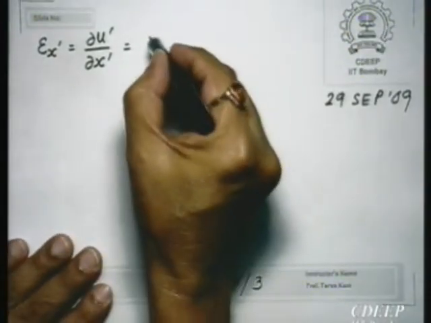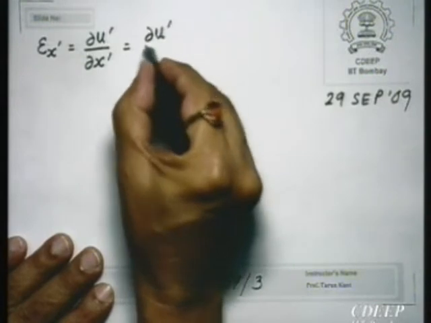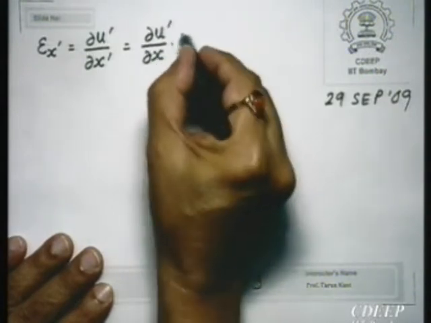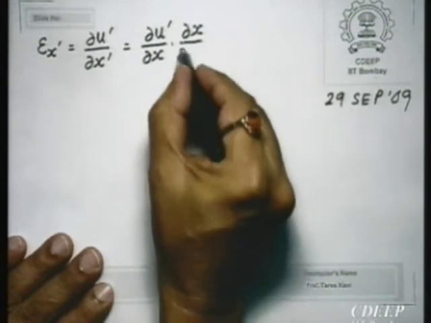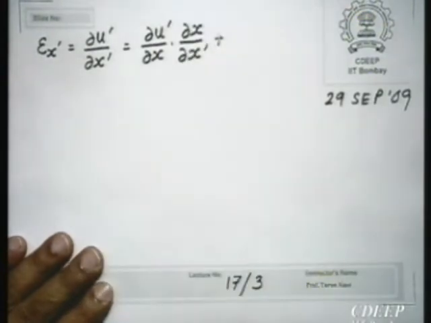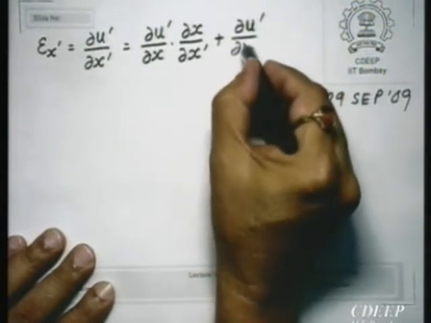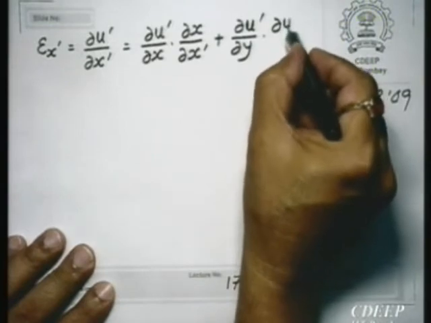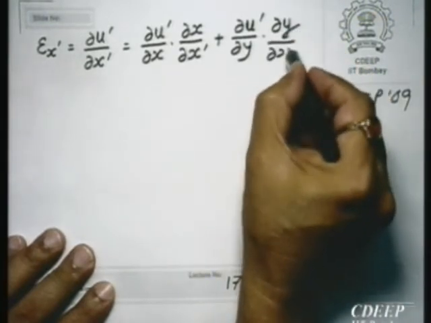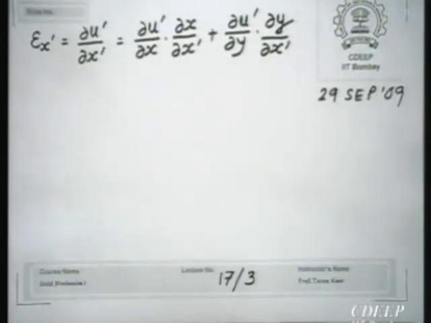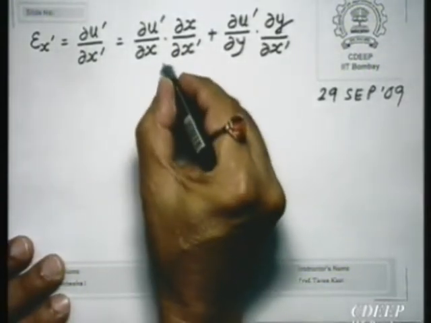So, I will use the chain rule and I will say this is du dash by dx, dx by dx dash, plus du dash by dy, dy by dx dash. If continuity is there, if the particles are all continuously distributed, then we can write this down. This is the chain rule of differentiation.